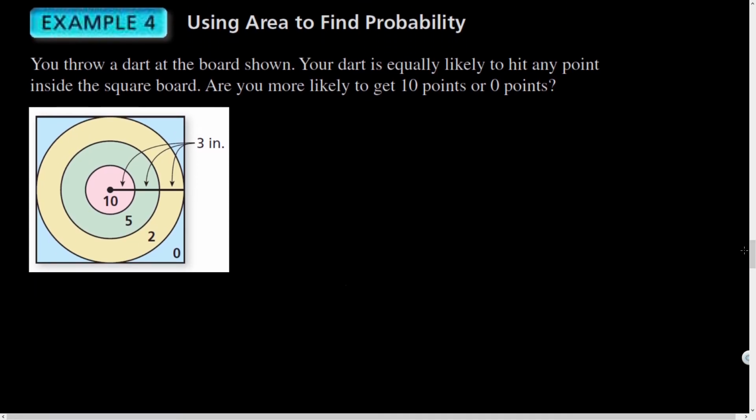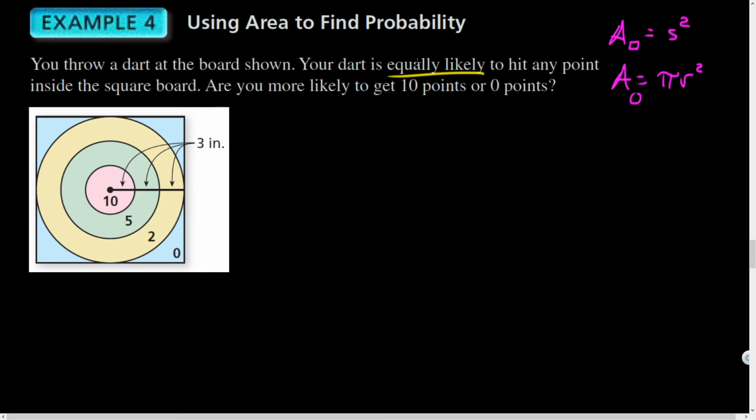Here's a little bit of geometry for you. You're going to have to remember a formula from back in the day. Likely this formula, A equals pi r squared for the area of a circle. Area of a square is equal to side squared. We've got, let's see, you throw a dart at the board shown, your dart is equally likely to hit any point inside the board. And so this is kind of a bit of a presumptuous thing, right?